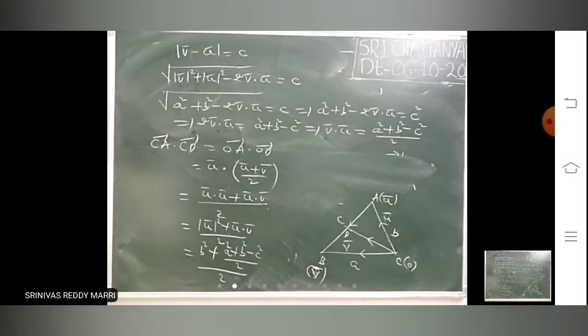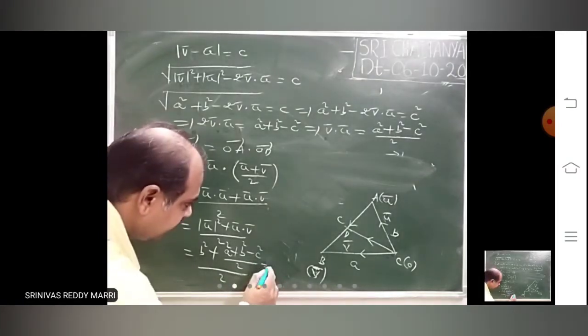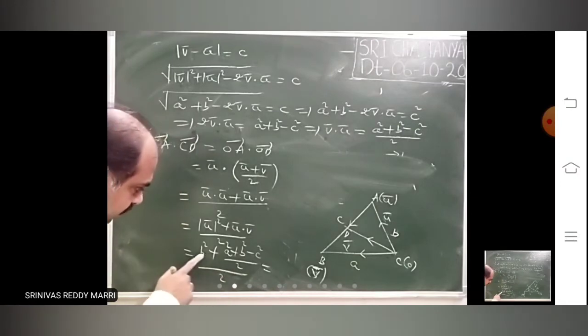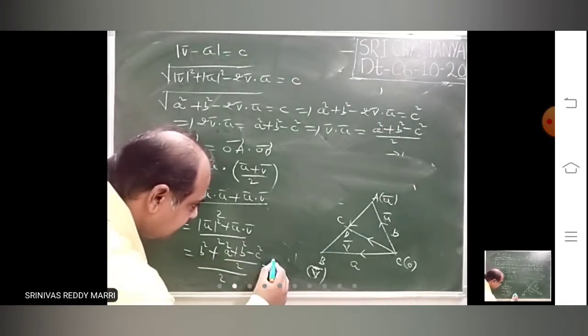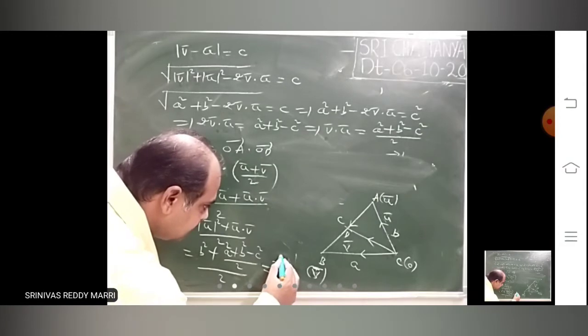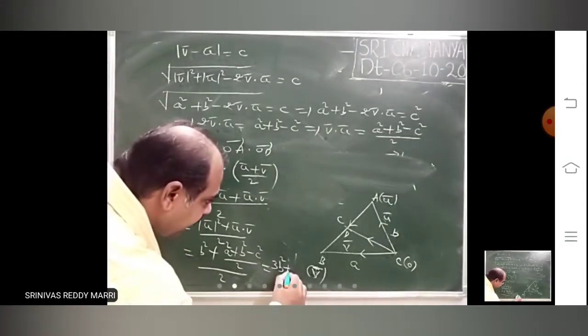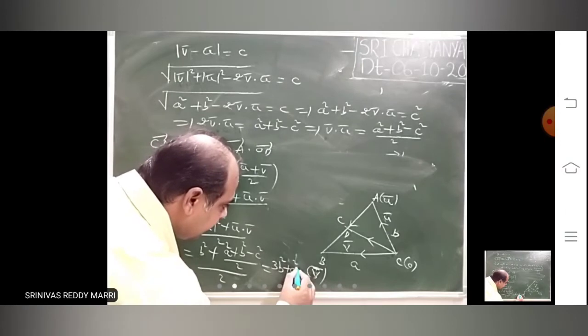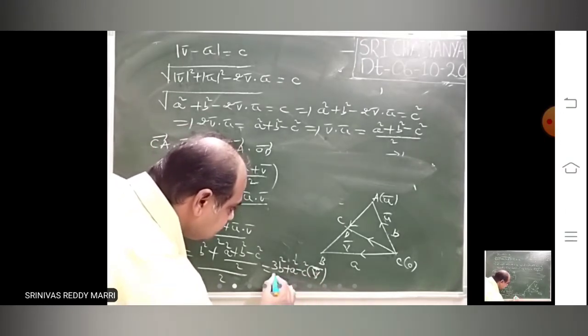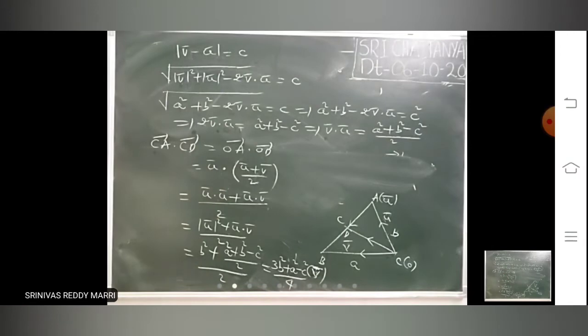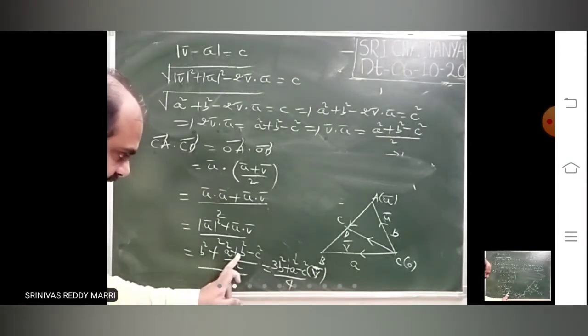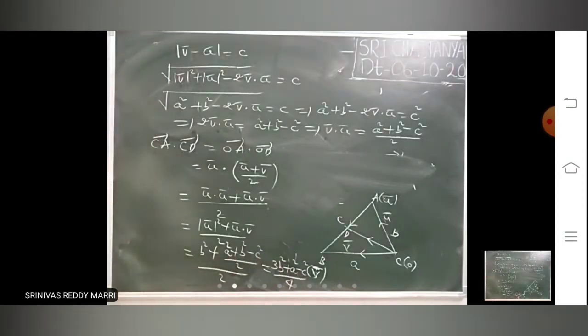If you take the LCM, what will you get? 2B square plus B square, that means you get 3B square plus A square minus C square divided by 4. That is the answer of this CA bar dot CD bar in terms of A, B, C.